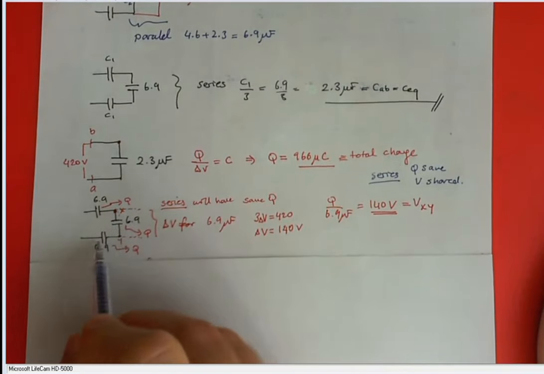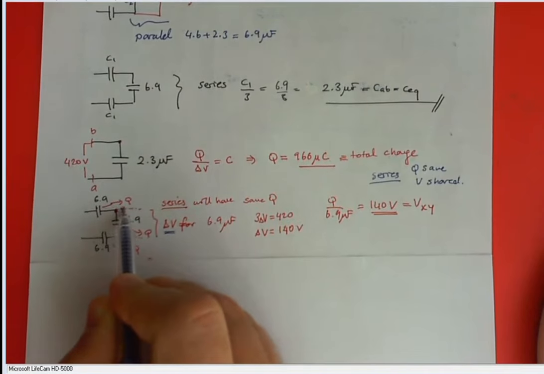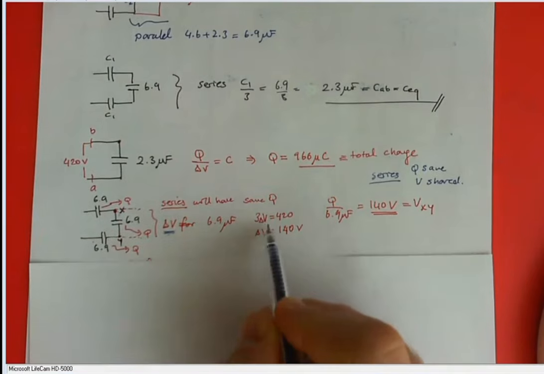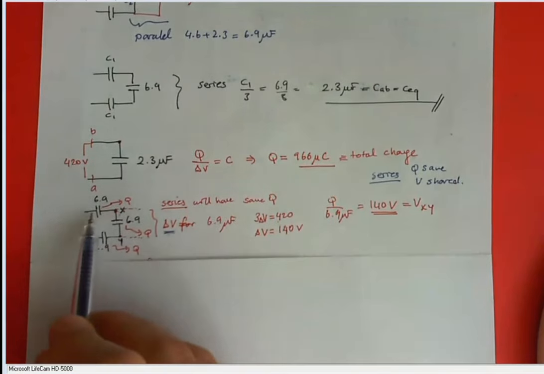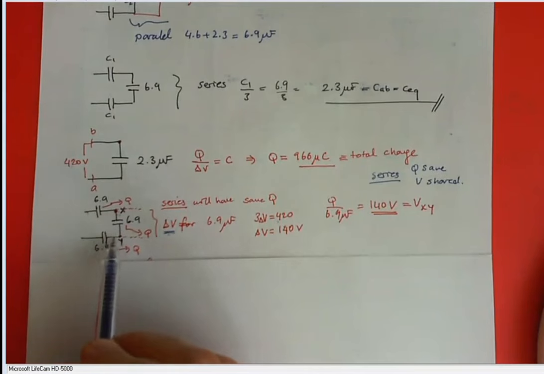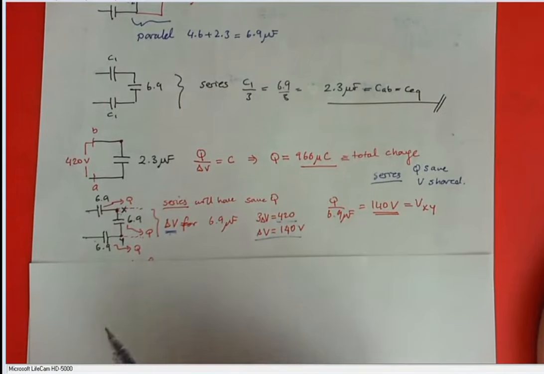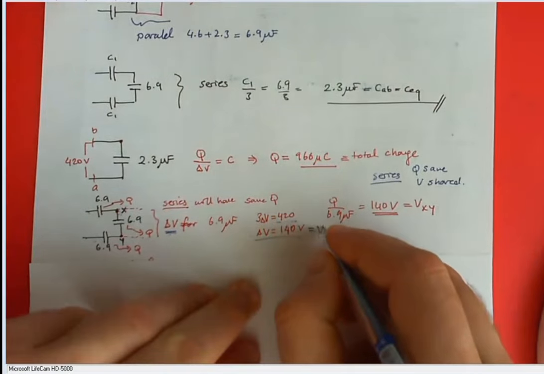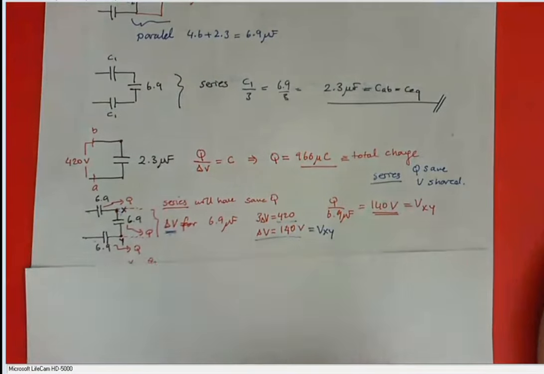Since these three are equal, if I put X and Y points here, each delta V, delta V here, delta V here, and delta V here, 3 delta V would be equal to 420, and that makes it 140 volts. So this is the potential between points X and Y.